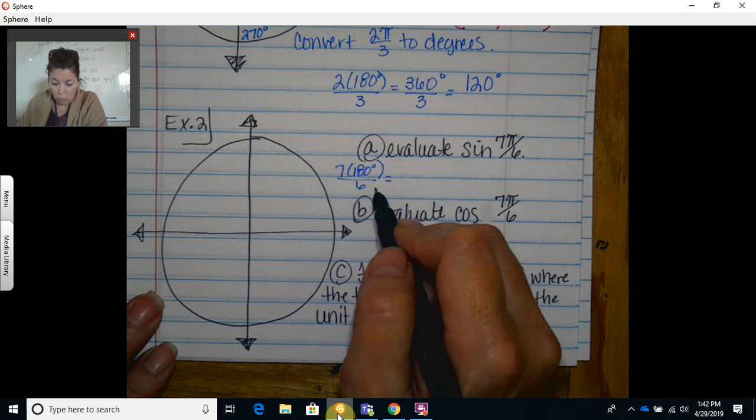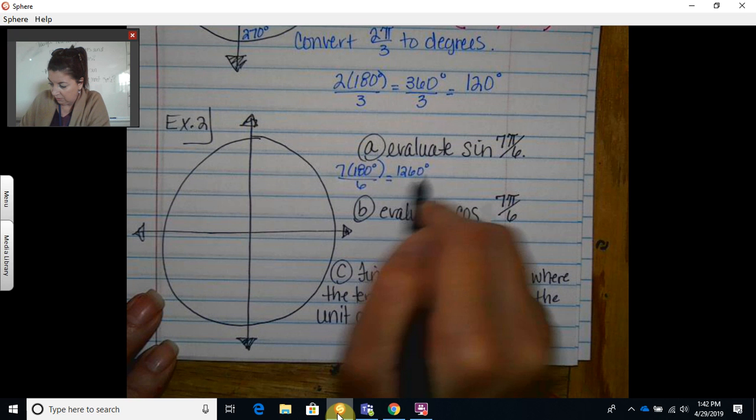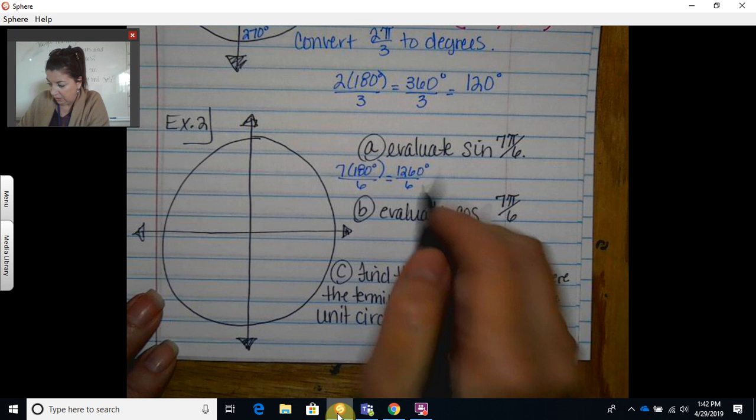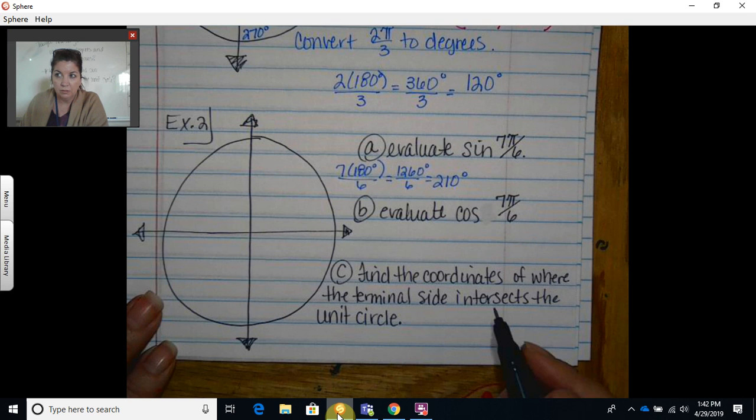7 times 180 degrees is 1,260 degrees. Divide that by 6 and we get 210 degrees. What quadrant is 210 degrees going to be in? The third quadrant, right?